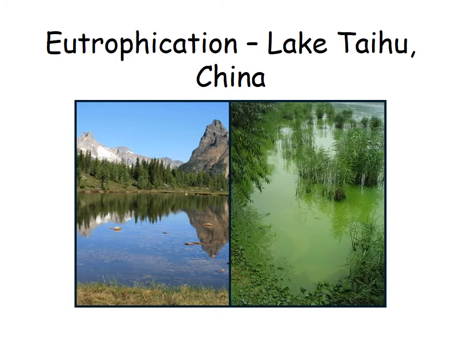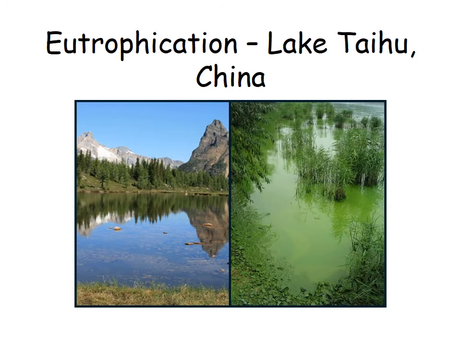On the right is what happened after too many fertilizer nutrients got into Lake Taihu. I think that's how they say it in China. All the algae grows like crazy. Every single animal in that lake is dead. They can't survive. There's no way for them to get oxygen. So this is part of the problem with fertilizers getting into the ocean, this eutrophication process.